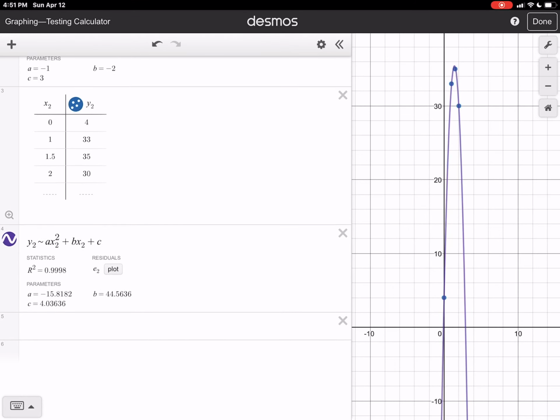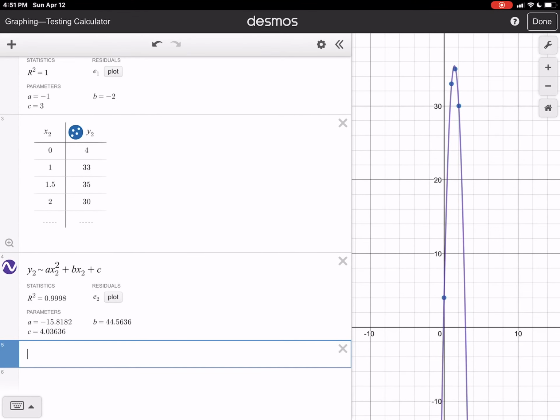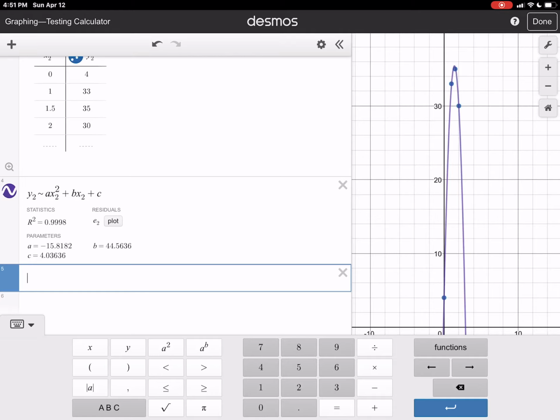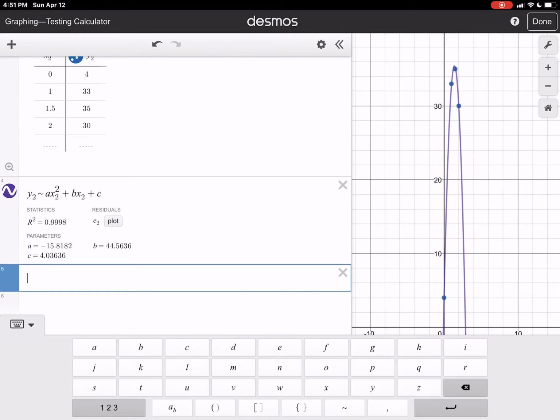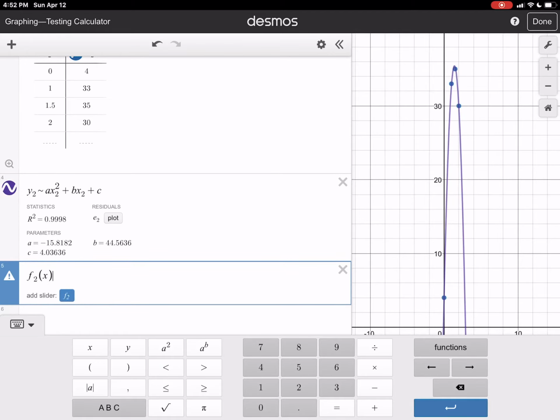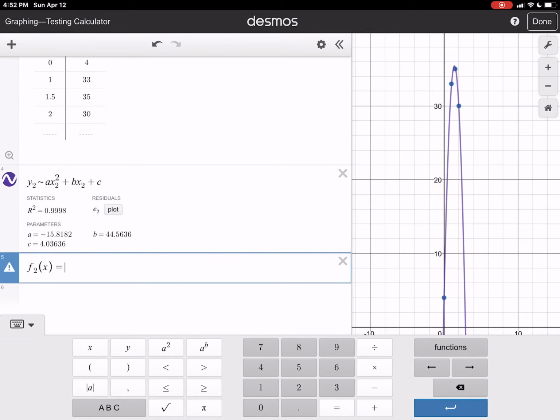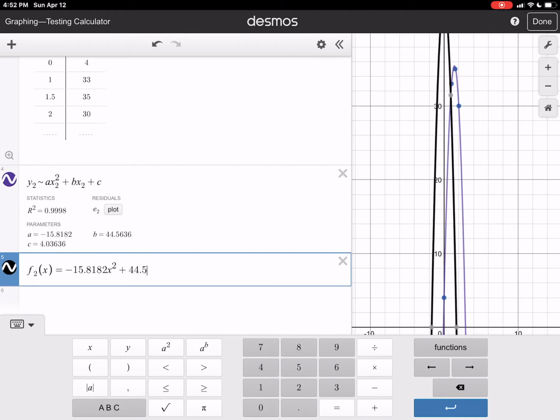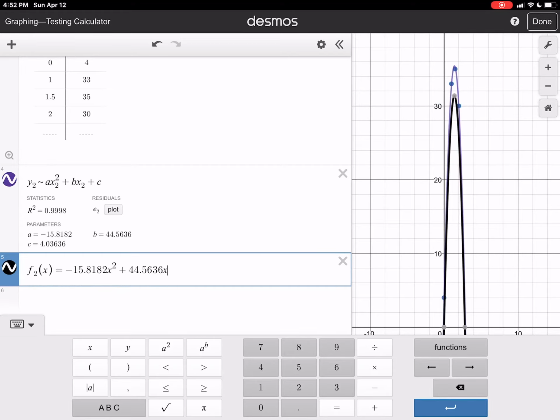Instead, I'm going to type in, and I'll just call this f2 of x equals, and I'll copy my equation, negative 15.8182x squared plus 44.5636x plus 4.03636.